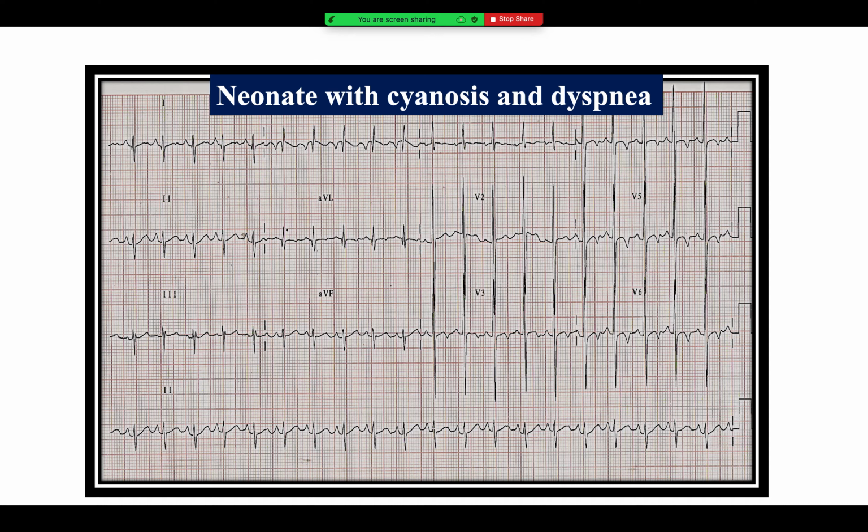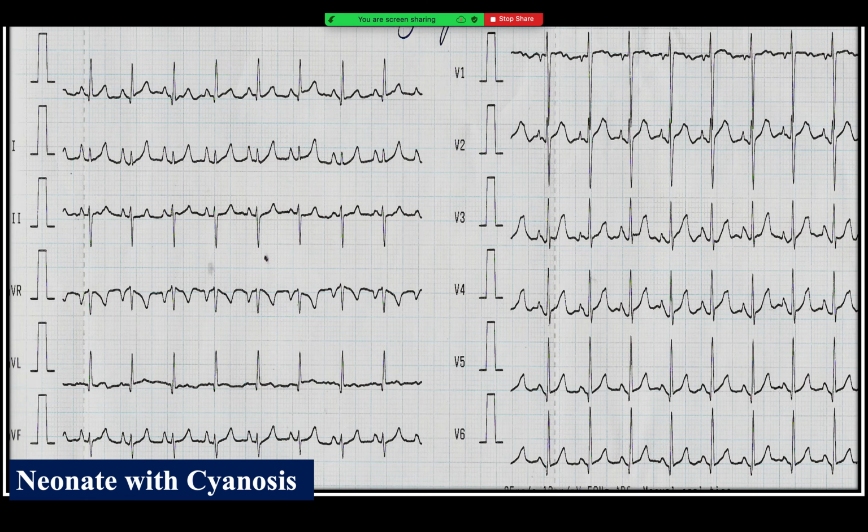So what we notice is DORV with subaortic VSD and pulmonary stenosis. Another neonate with cyanosis. The ECG is in front of you.